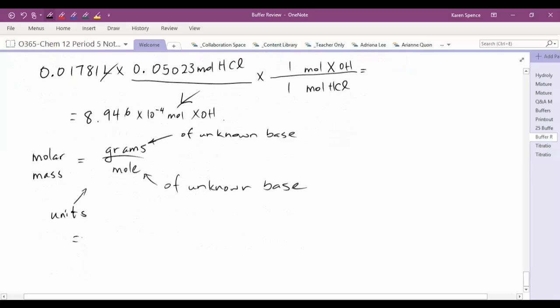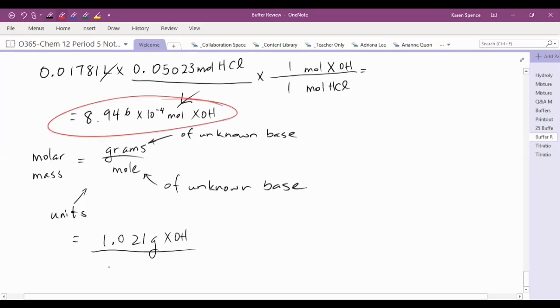So, do we know the grams of the unknown base? Yes, we do. It was given to us at the beginning of the question: 1.021 grams of the unknown base. Do we know the moles of the unknown base? Yes, we just calculated it: 8.946 times 10 to the negative 4 moles of XOH.